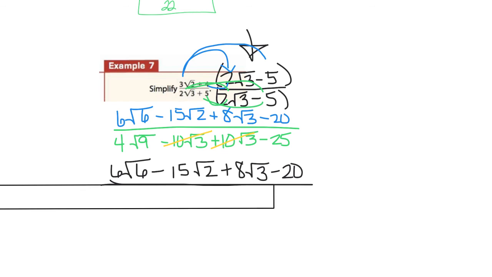Now down here, we've got 4 square roots of 9. Does everybody know square root of 9 is 3? So that becomes 4 times 3 minus 25. Well, 4 times 3 is 12. 12 minus 25. Hopefully you guys are remembering your signed numbers.